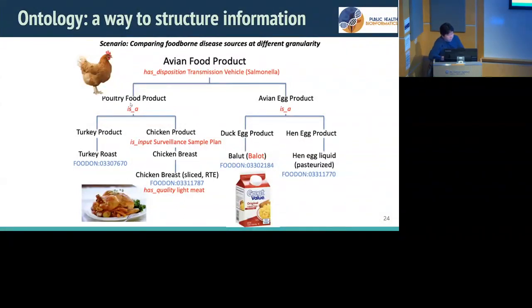So you have finer terms such as poultry food product or avian egg product that are the child terms of avian food product in an is-a relationship, as I mentioned. And they go through this hierarchy.